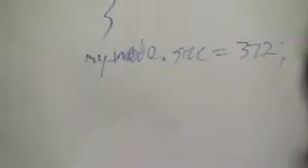And so down here in my code, I might say my inode dot size equals 372. Then my inode dot timestamp equals, maybe there's an operating system function called now.